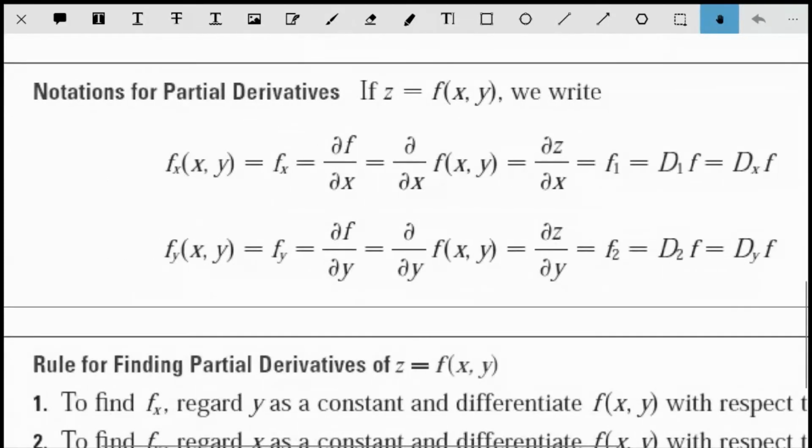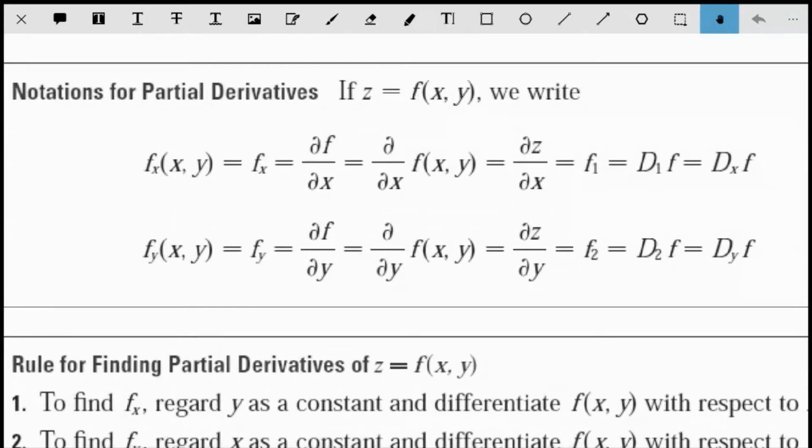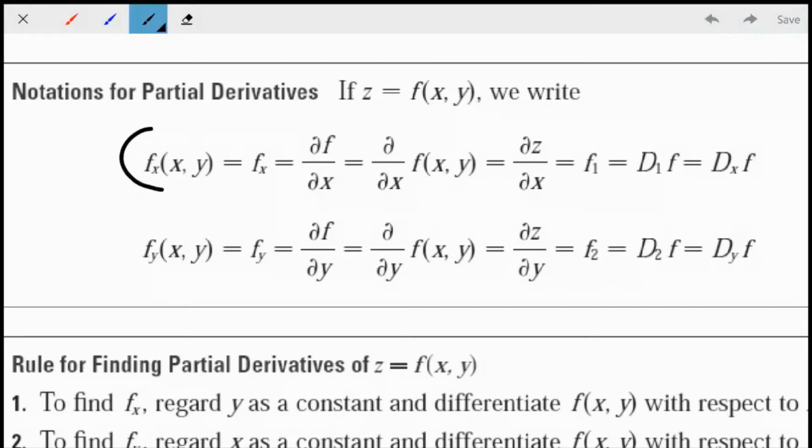All right, so now from the perspective of notation, we have a lot of different notations that we can use for this, and it's all dependent on what's convenient for us. So the first one is the one that I just showed you. We've got this f with the subscript x, or sometimes you just see it written like that. But another notation you're going to see is called the del notation.